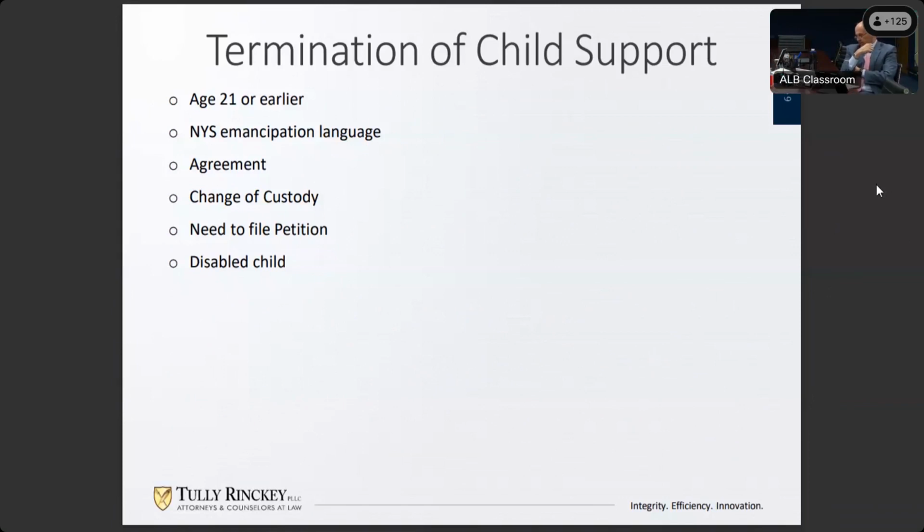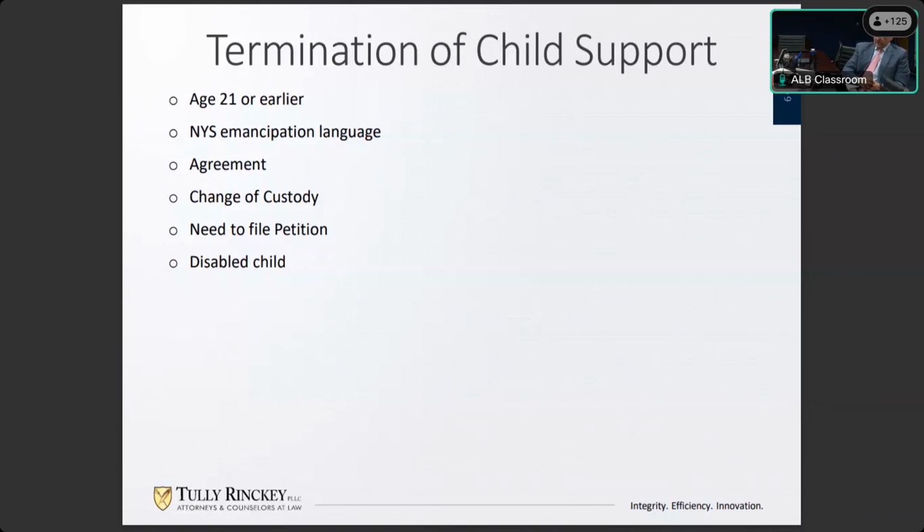Residence away from either party's home. So let's say that your 18-year-old child decides that they're going to go live with their boyfriend and they're going to get a full-time job and work. They're not going to go to college. That again can be considered an emancipation event where you don't have to pay child support, okay?